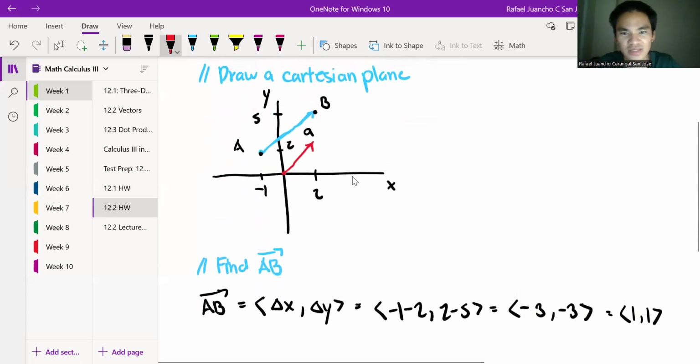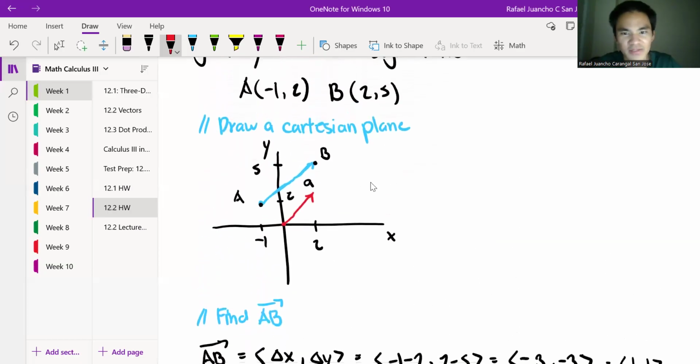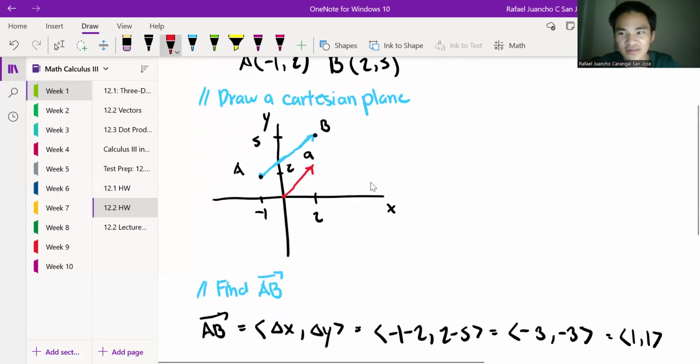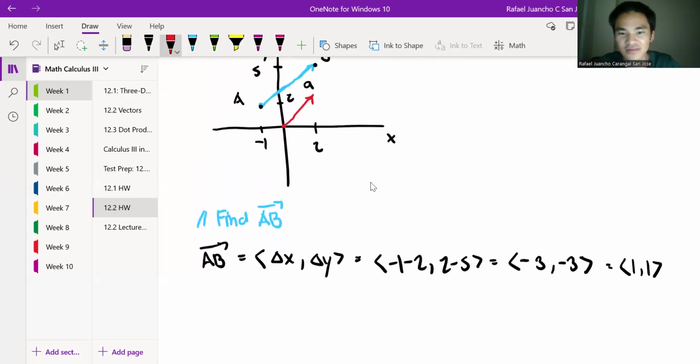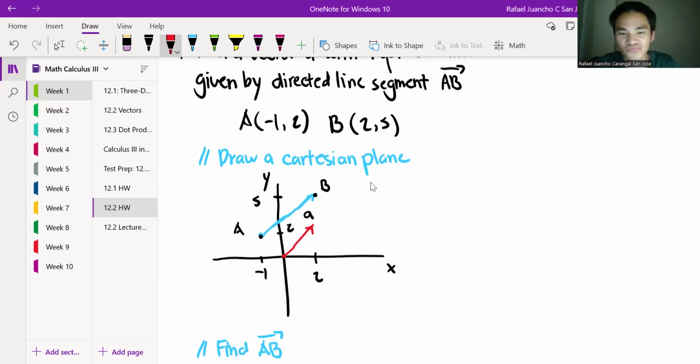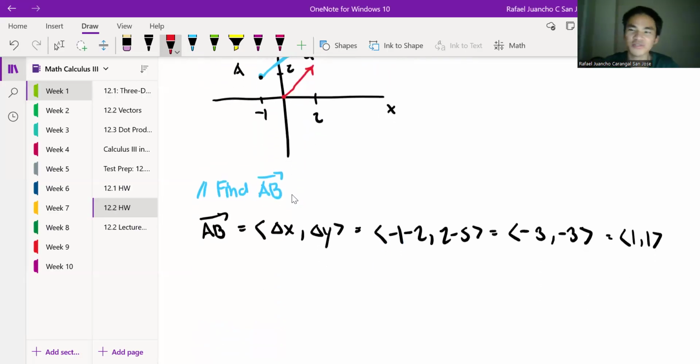So it's going to be like negative 1 minus 2. Or it could even be like 2 minus negative 1. Honestly, I think any works.